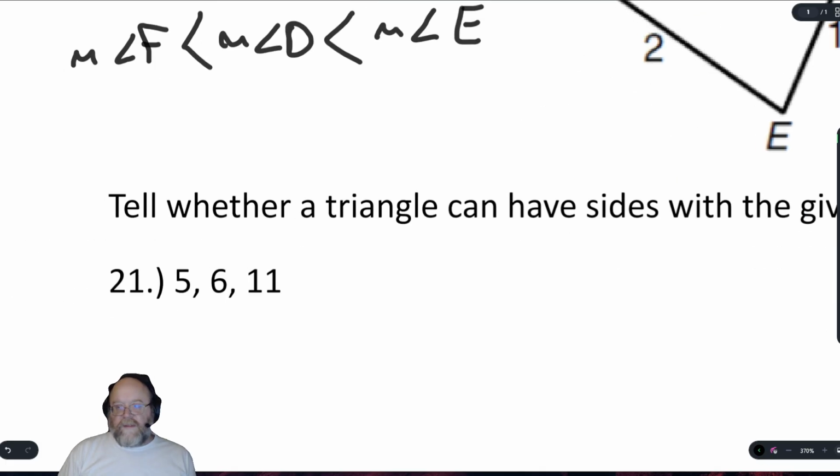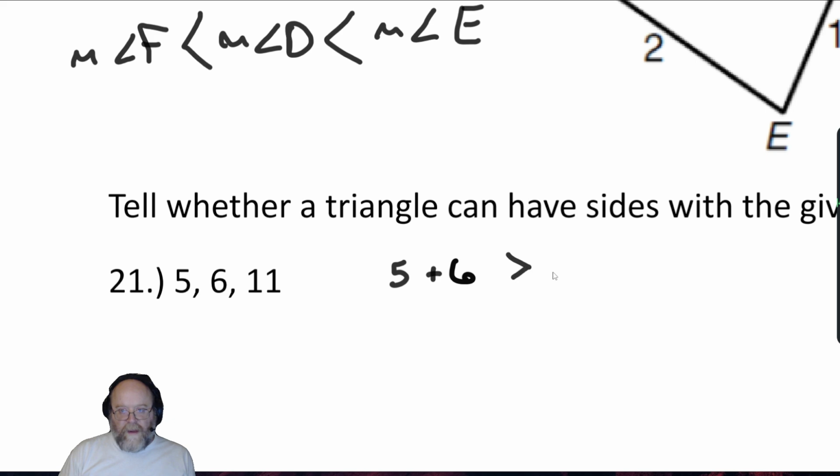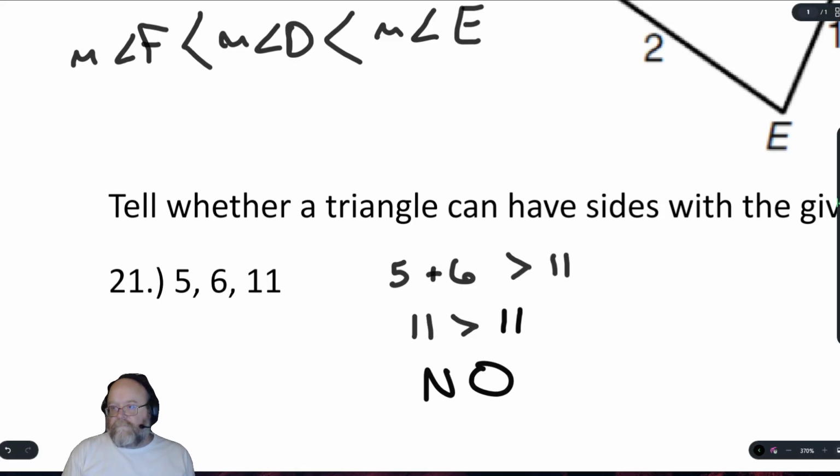So we're gonna figure out whether these triangles are possible or not. Okay, 5, 6, and 11. Can this exist? You add the two shorter sides, and it has to be greater than the longer side. Seeing a problem here. Is 11 greater than 11? No, it's not.